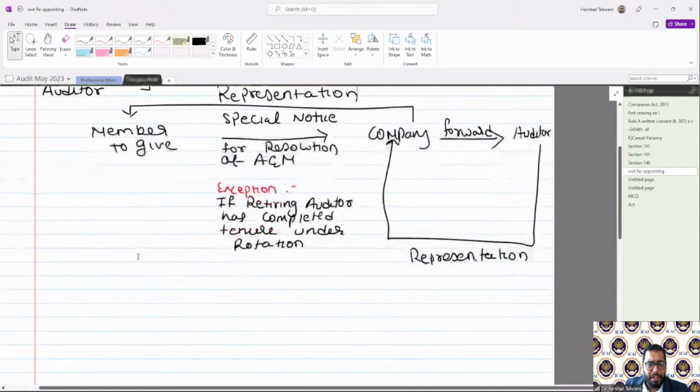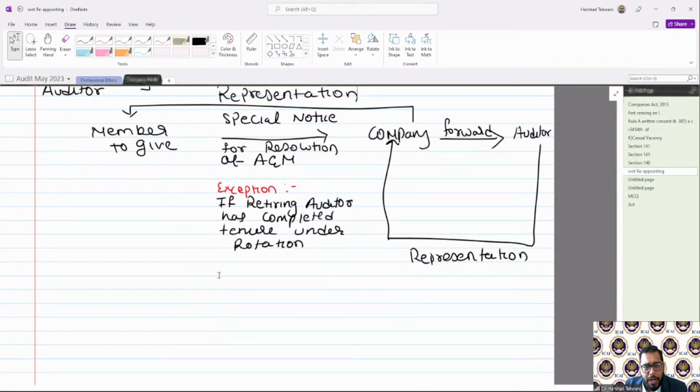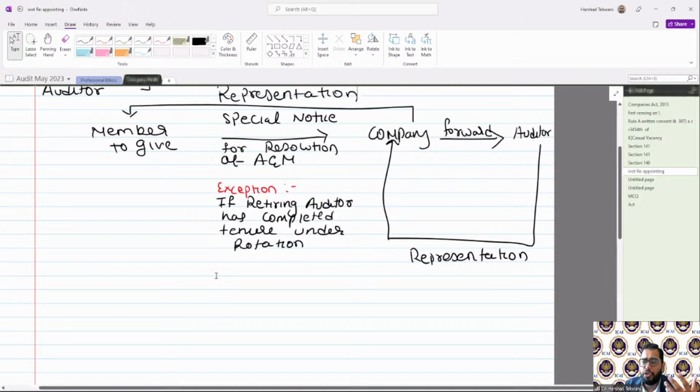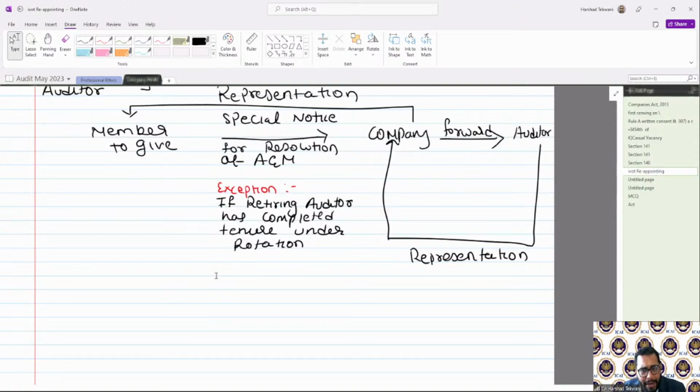Now, that representation should not be in such words or such detail that it appears incorrect or inappropriate. The representation should not be in such form that we are trying to bring some problem for the company, or the facts are not correct or not true, or are exaggerated or not what the actual scenario was.